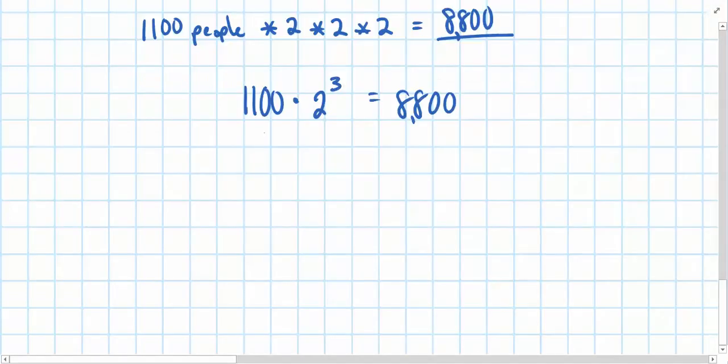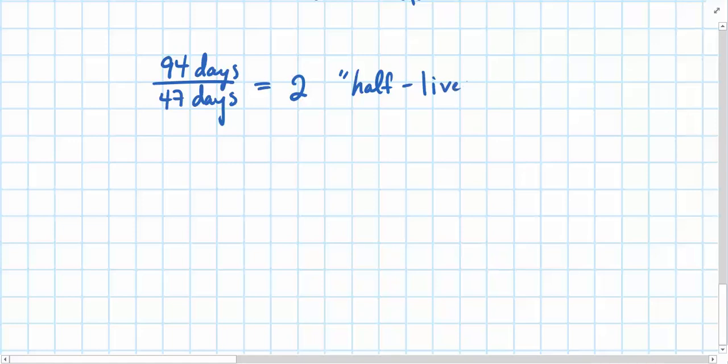The half-life of this particular mercury is 47 days, and we're asking what happens 94 days from now. So in 94 days, for mercury that has a half-life of 47 days, there are going to be, for lack of a better term, two half-lives.